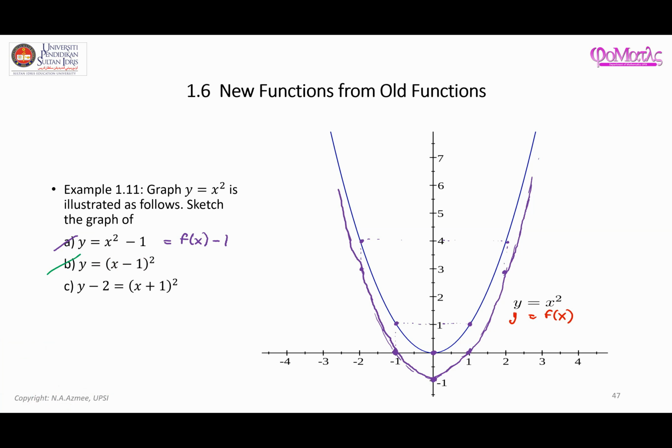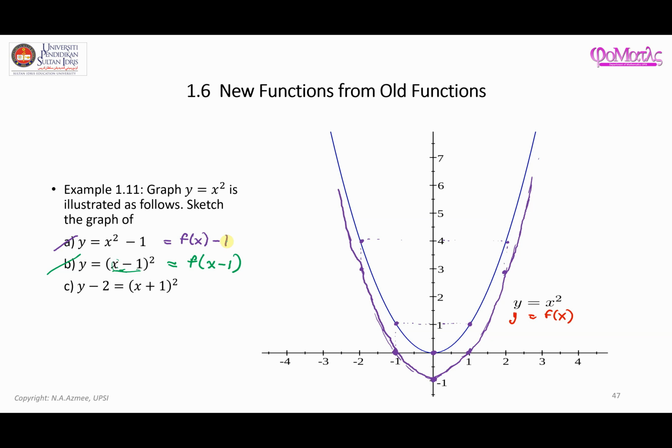So we can write this as f(x minus 1), where f(x) is equal to x squared. So the graph in this case is going to be shifted horizontally, because the change here is done with respect to x. 1 is subtracted from x.